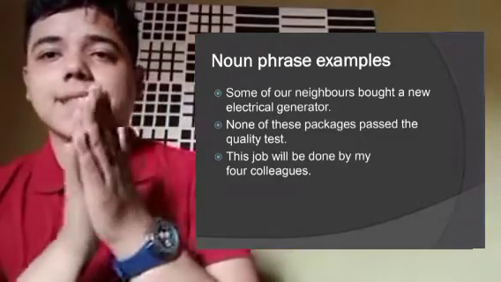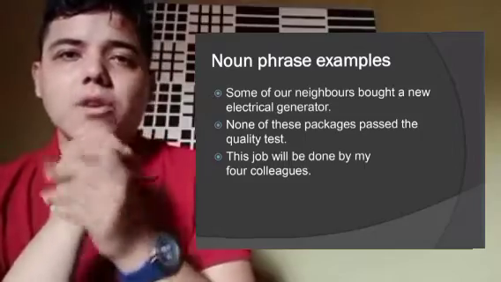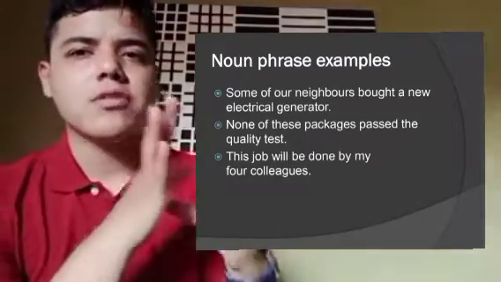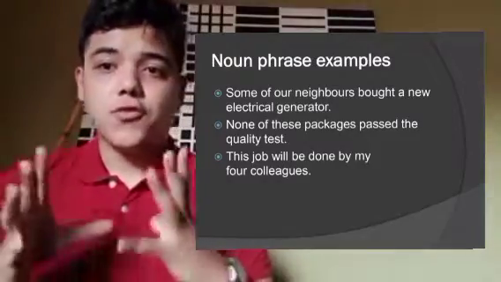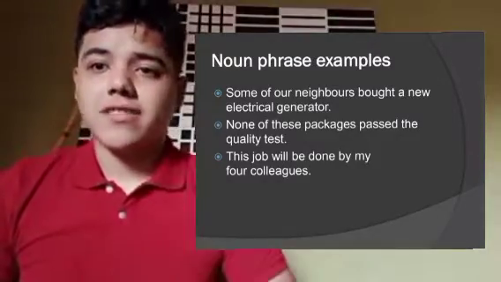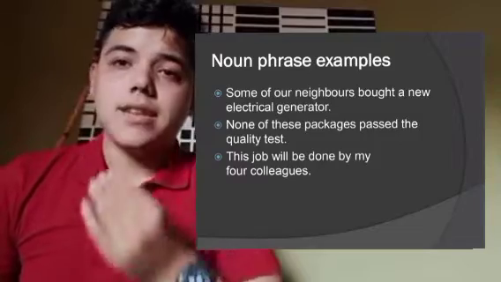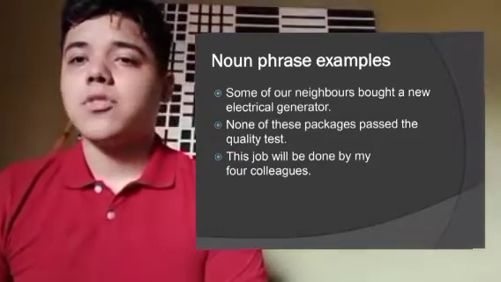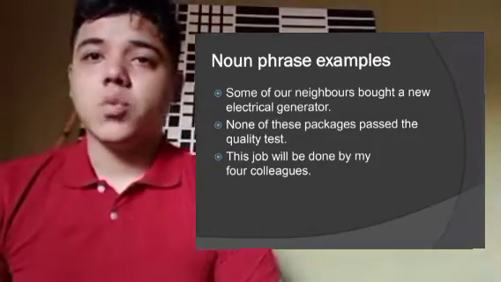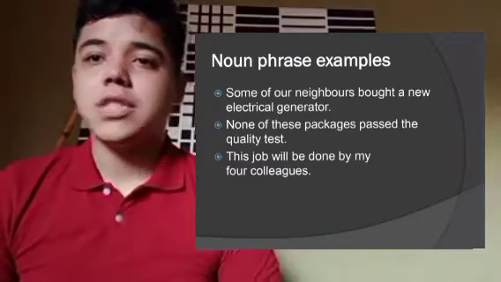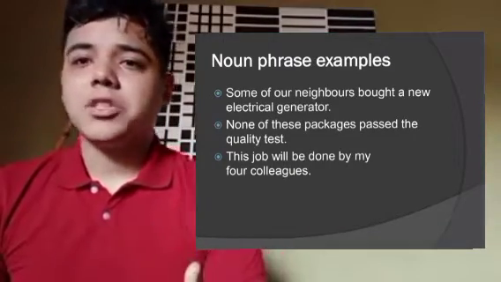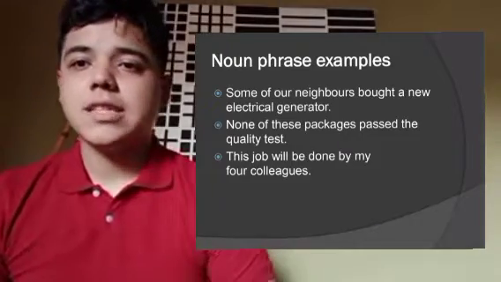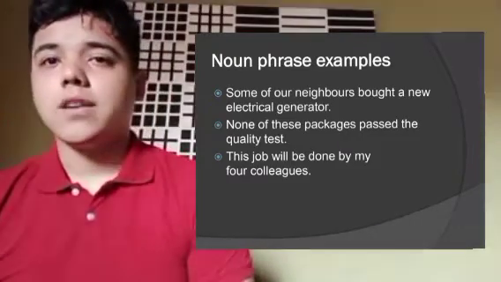Alright, in this case, our head is not gonna be in first place, in the first 3 words of our sentence. In this case, we're talking about something we want, which is a new electrical generator, and the advantages or disadvantages it provides to us.